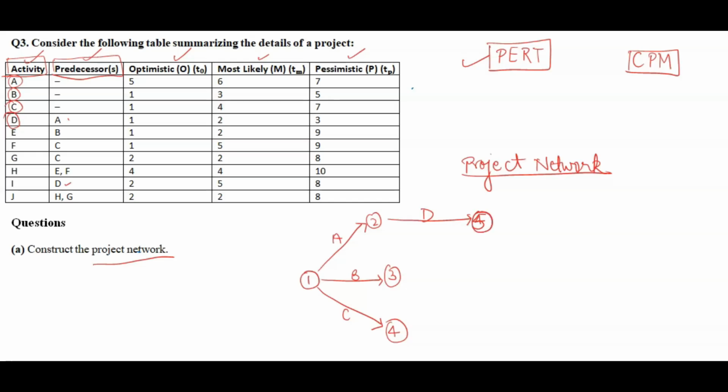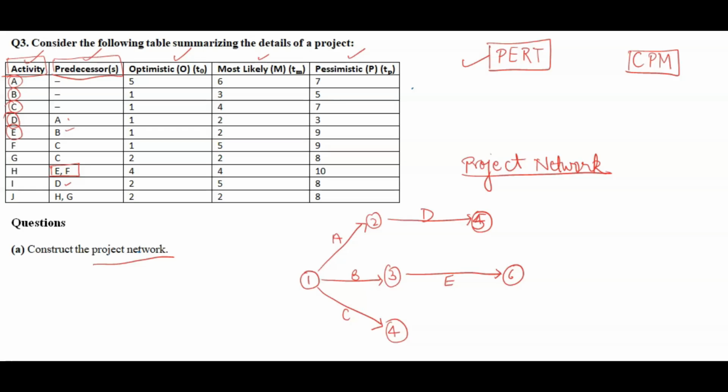Next, E activity we have to start with B. You can see E and F are coming together, so where E will end, F will also end. So E I'll start here with B, and this will become the sixth node. So E is done.